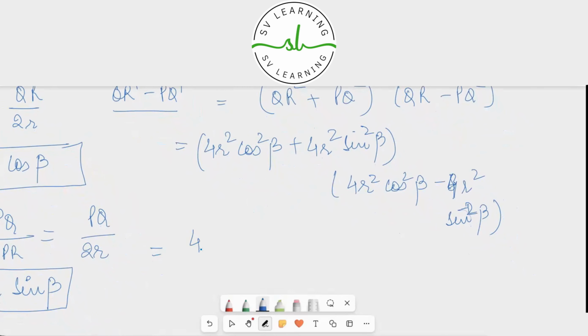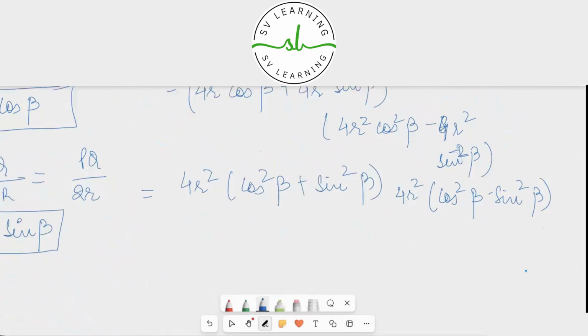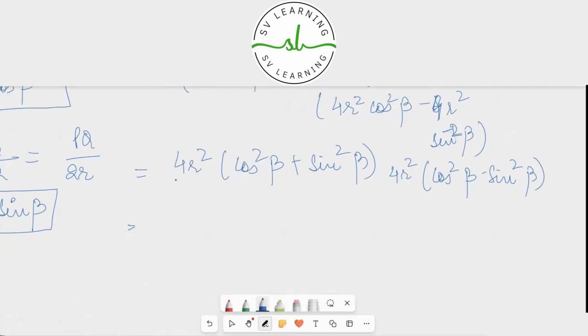Now we can take 4R square common from the first bracket to get cos square beta plus sine square beta. Similarly, from the second bracket also 4R square common, cos square beta minus sine square beta. So multiplying 4R square and 4R square gives 16R to the power 4, and we know that cos square beta plus sine square beta is 1.